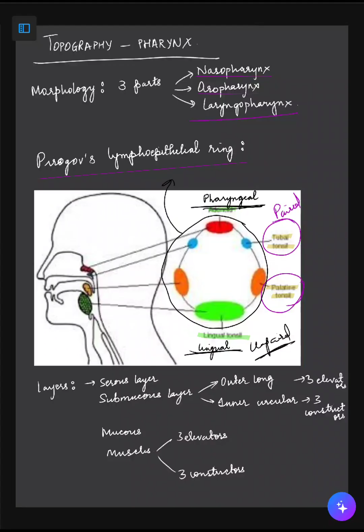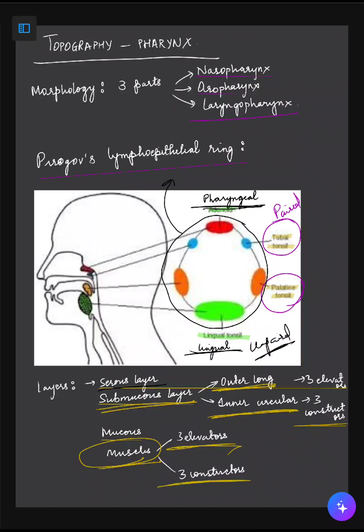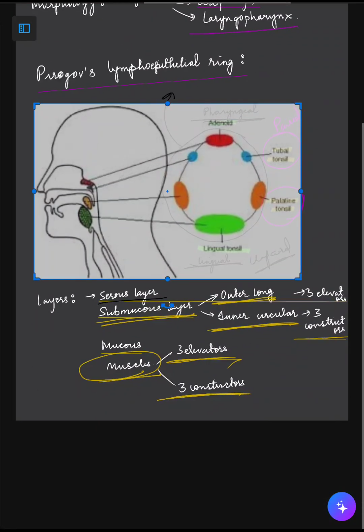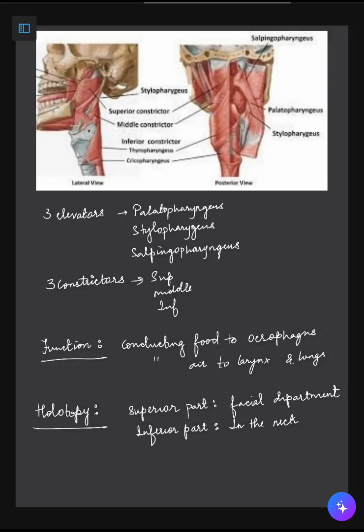Now what are the layers? Serous layer, submucous layer, mucous layer and muscles. The muscle layer has outer longitudinal, 3 elevators, and inner circular, 3 constrictors. What are those? 3 elevators are palatopharyngeus, stylopharyngeus, salpingopharyngeus.